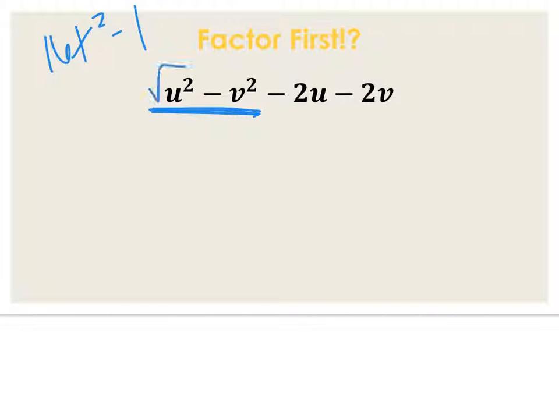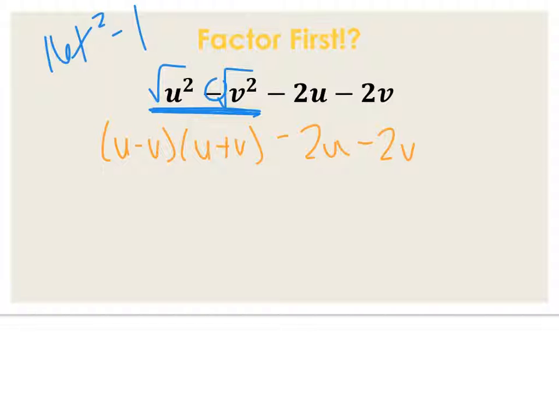I can square root him. I can square root him. There's a minus sign. You have to factor first. U squared minus v squared is just u minus v and u plus v. So trickster. And then I'm left with minus 2u minus 2v.